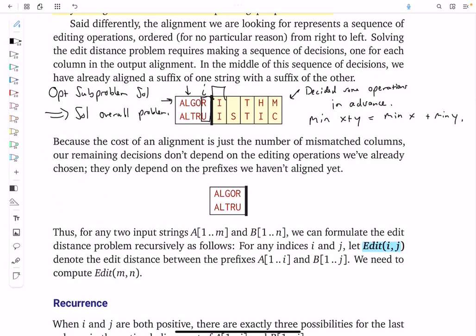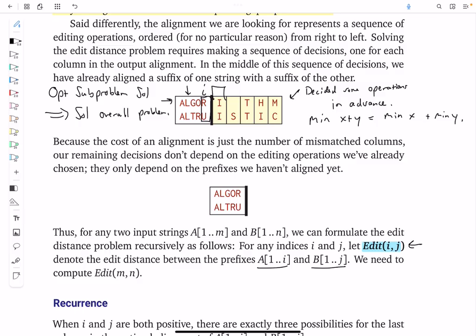And to do this, we're going to define a recursive function, edit(i,j). What edit(i,j) is doing is just computing the optimal edit distance for the substrings a1 through i and b1 through j.